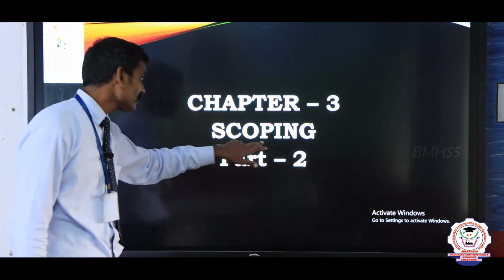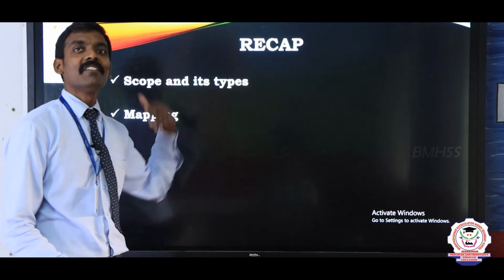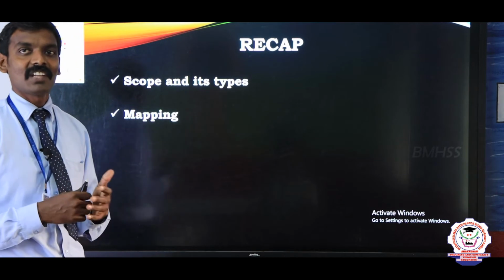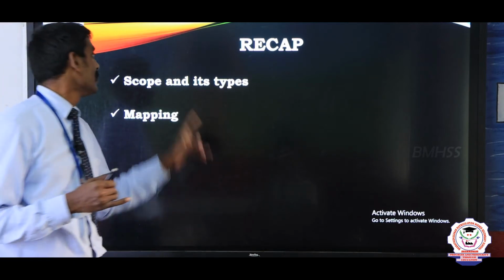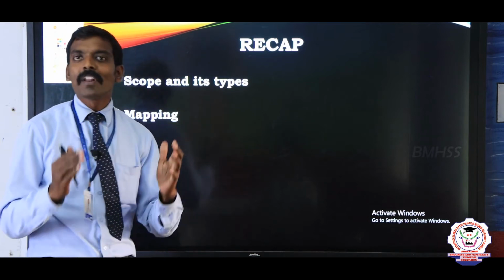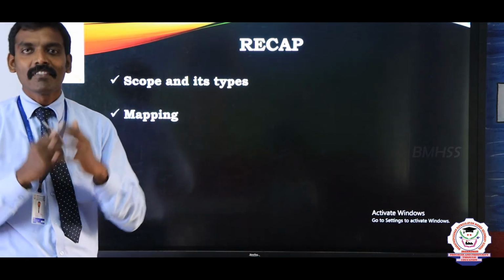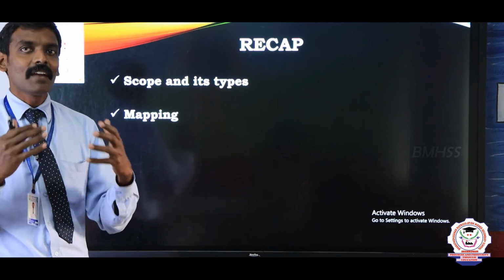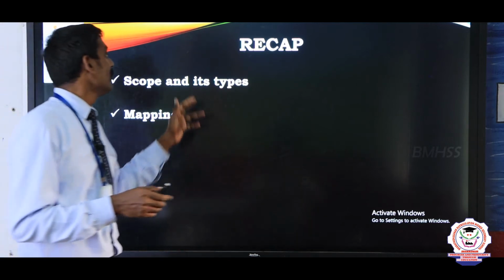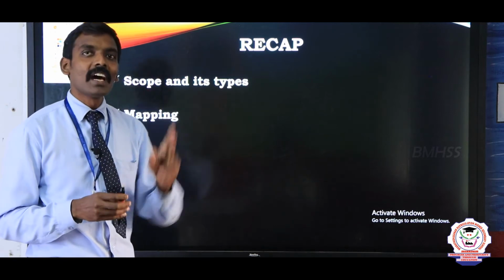Now I recap the previous session. In that previous session, what are all the concepts we have discussed? Very simple one, that is, what is the scope? Scope refers to the accessibility of variable. Accessibility means using the variables in a particular program, and we are discussing two types. What are the two types?